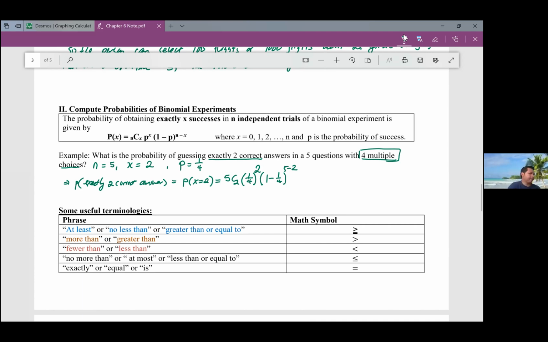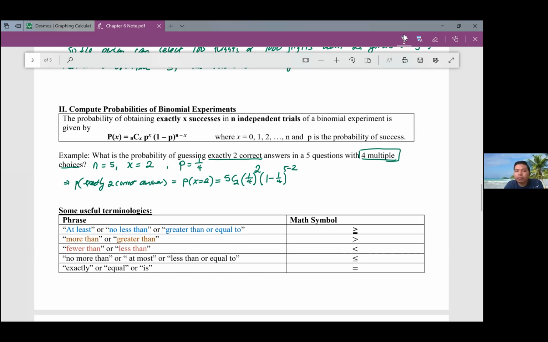Yes, Mateo. I am confused about 5 minus 2. Can we talk about that real fast? Yeah, so if you have 2 correct answers out of 5 questions, how many times are you going to get an incorrect answer? 3 out of 5. That's right. That's why they do 5 minus 2 in general.